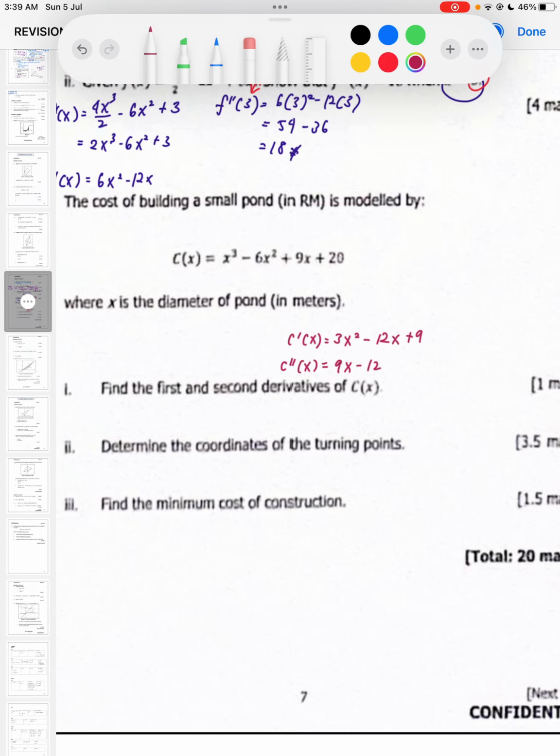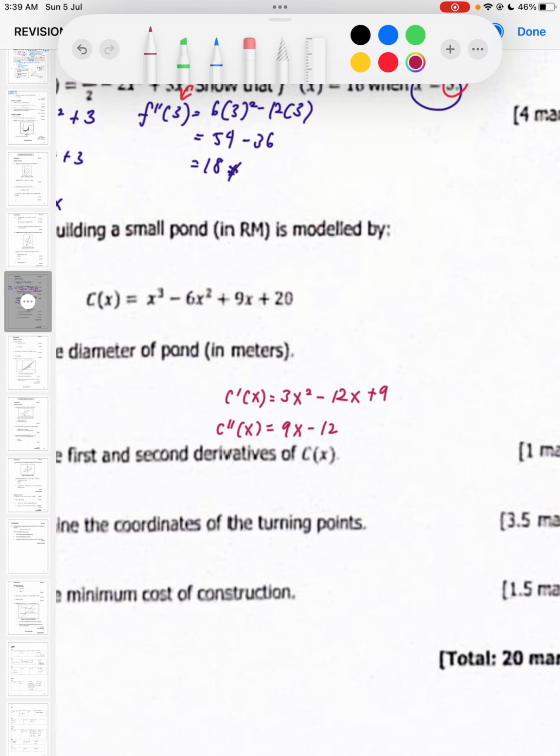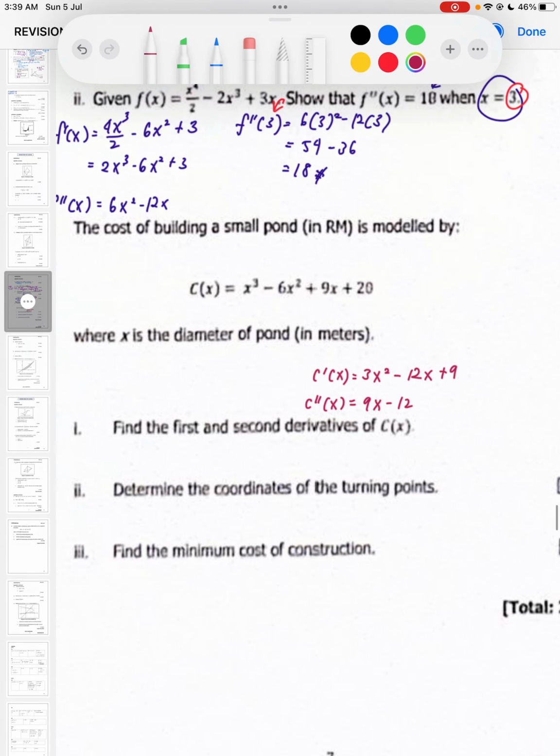I do want to explain the differences between the first derivative, the second derivative and the original equation. Most people don't really understand the function of differentiating the first time, second time, and so on. In this scenario, the original equation is the cost.